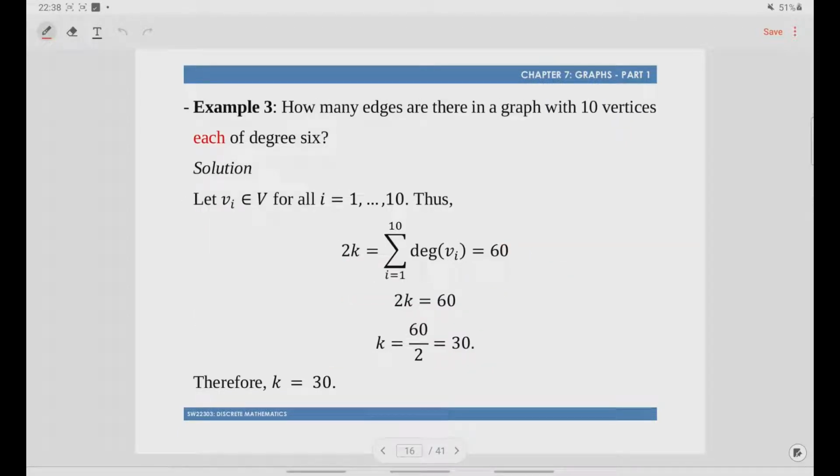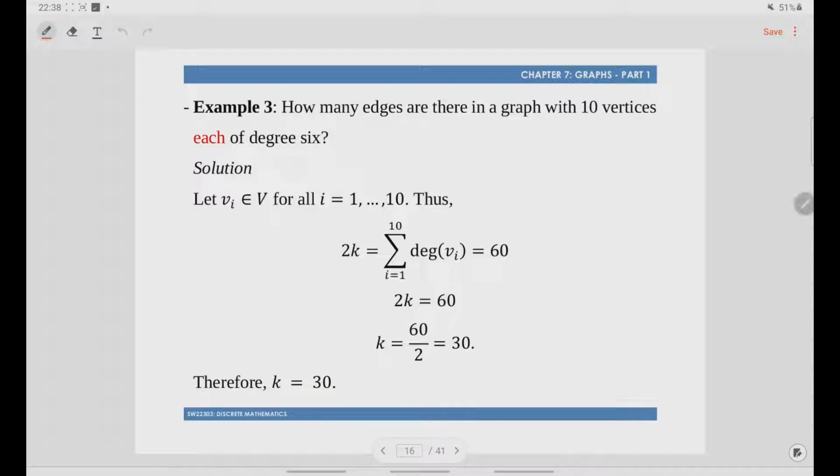Now, example number 3 is regarding the previous theorem. How many edges are there in a graph with 10 vertices, each of degree 6? From the given question, we can get some information here.